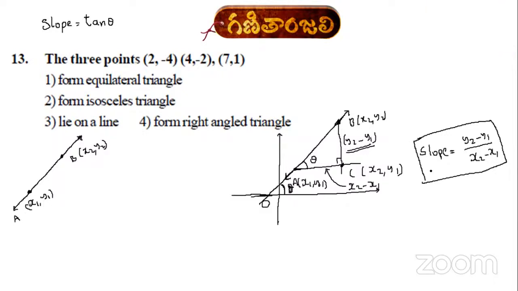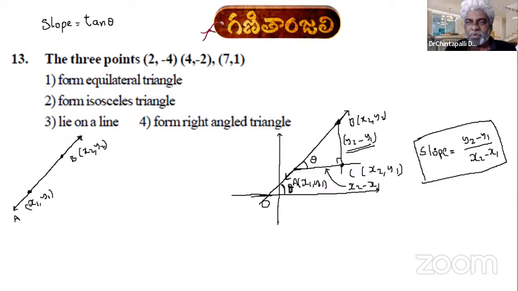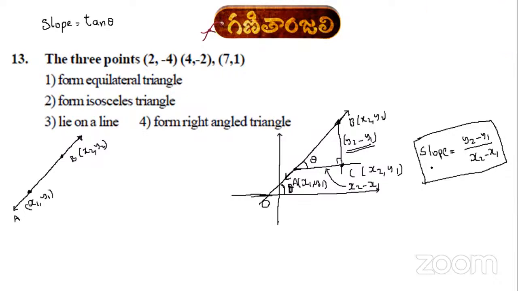We get grip and command over the subject if we know the basics. Have you got clarity on how the formula to find the slope of a line when 2 points are given comes? Slope is equal to y2 minus y1 by x2 minus x1.